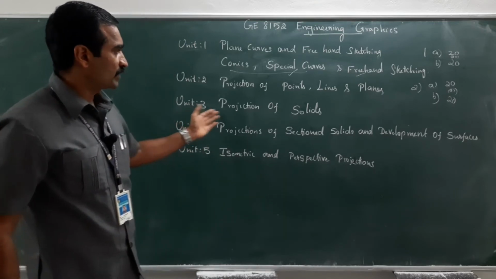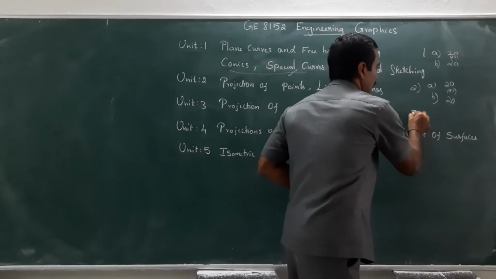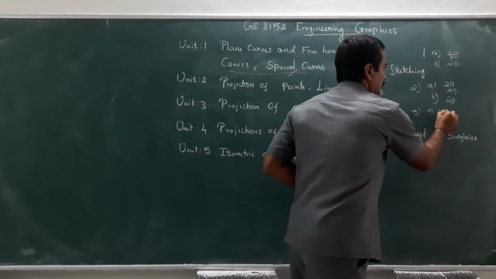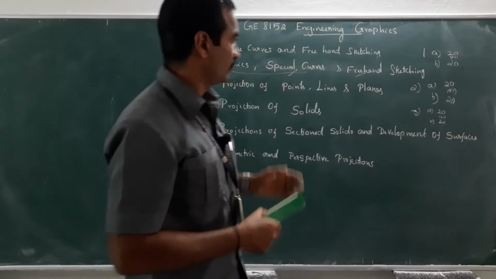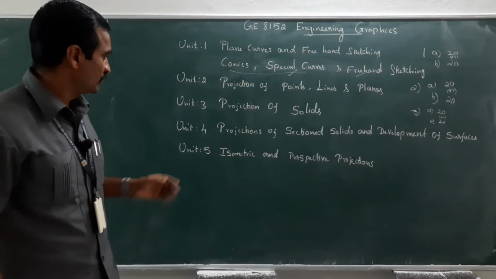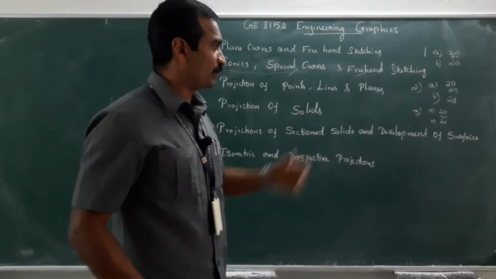Third unit, projection of solids. Again 20 marks, either choice from projection of solids. Unit number 4, projection of sectional solids and development of surfaces.